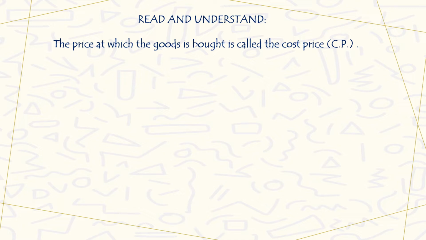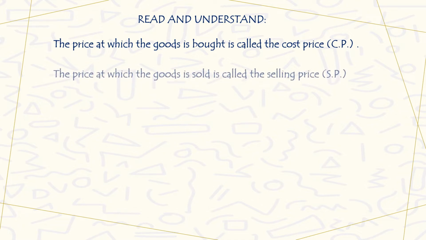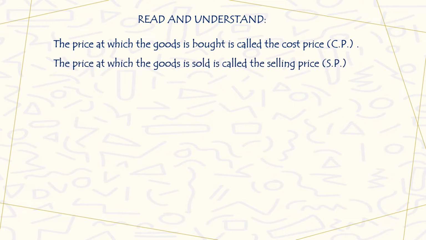The price at which the goods is bought is called the cost price. Anything that you purchase and give an amount, that is called the cost price, the amount that you pay for an object. The price at which the good is sold is called the selling price. So if a shopkeeper is selling you something, that price is called the selling price of that object for the seller, and for you, when you're purchasing an object, that is the cost price for you.